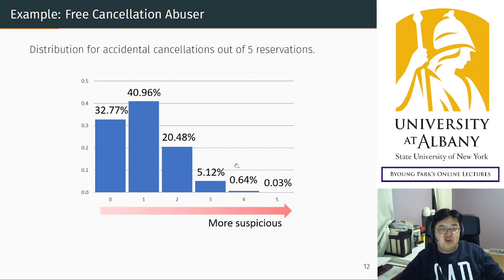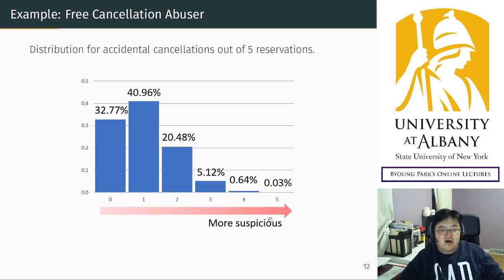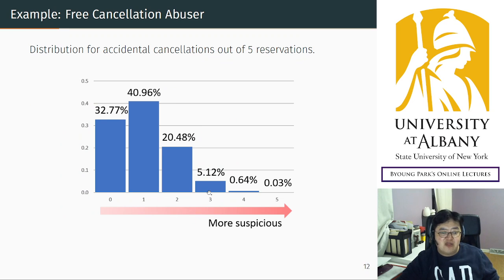You may put your cutoff here, banning those who cancel 4 or 5 times. If you ban those who cancel 4 or more times, then a total of 0.67% will be banned. If you expand the cutoff to ban those who cancel 3 or 4 or 5 times, then you are banning 5.79%.